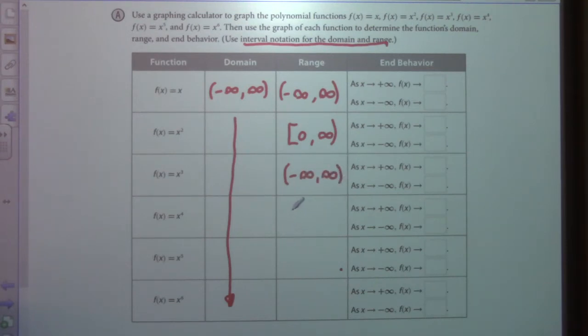And I hope you can see that x to the 4th power is going to be the same range as x squared. And then here for x to the 5th, we have negative infinity to infinity, right? And then down here for x to the 6th power, we should have this thing here, right?